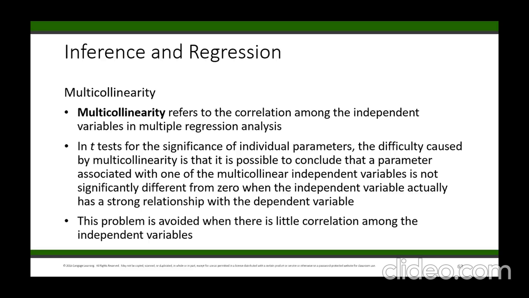I mean, I'm talking about the absolute value of correlation. If that is the case, and if the p-values of one or both of those factors are greater than alpha, we need to go back and take another look at how multicollinearity may have affected the p-values.